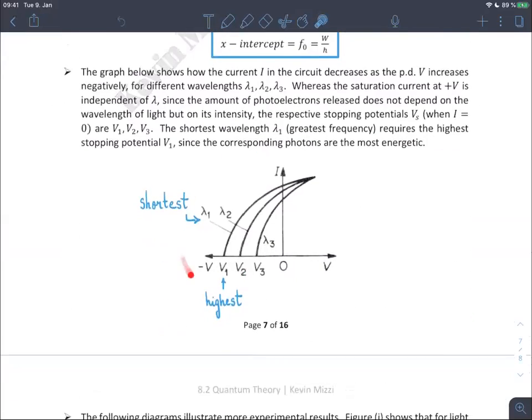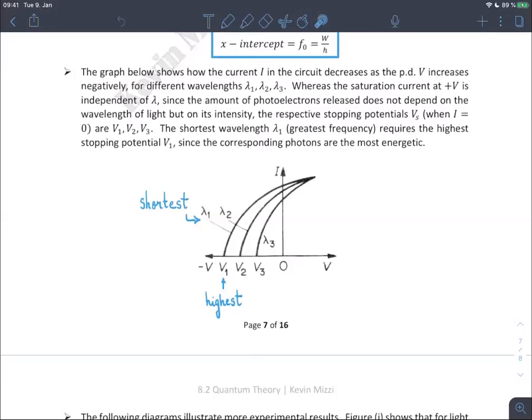Now here we have a graph of current against voltage, which shows that for various wavelengths of light, which means that for various colors of light, we get different stopping voltages. The highest stopping voltage, which is here denoted V1, is obtained for the shortest wavelength of light, corresponding to the highest frequency.